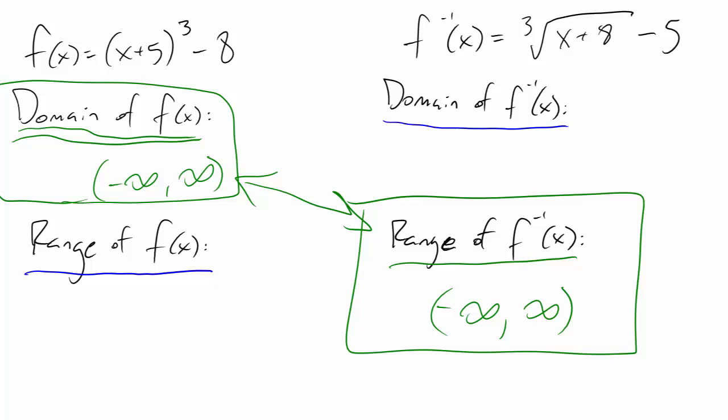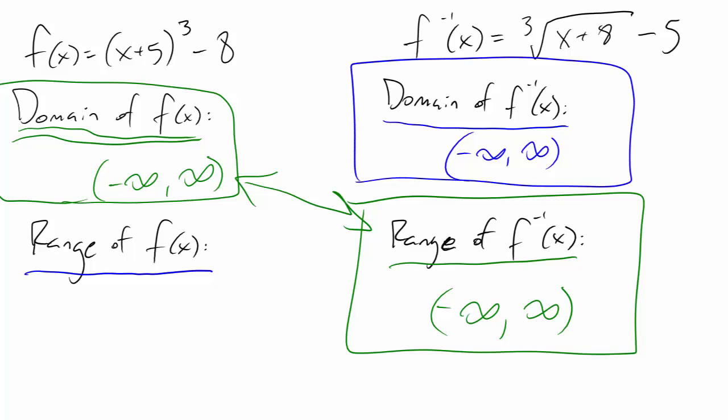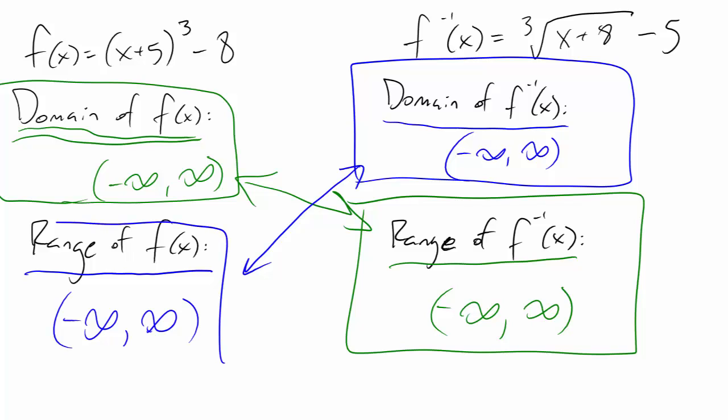So all of these are fine, which means our domain of f inverse is negative infinity to infinity, all real numbers. And f inverse's domain is the range of f, so we get negative infinity to infinity for free as well, and that takes care of our question of range. So there we are.